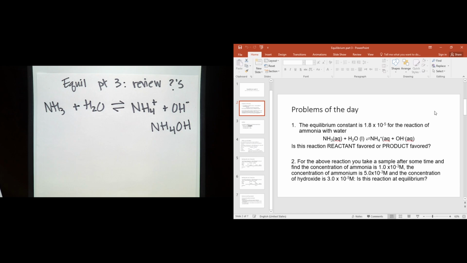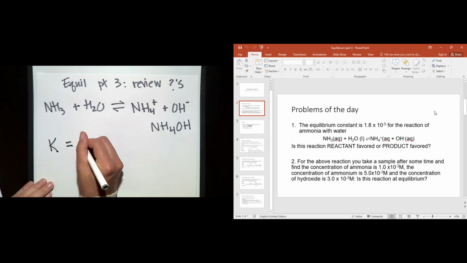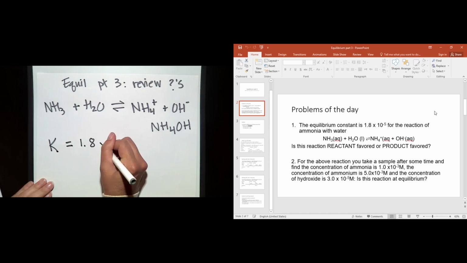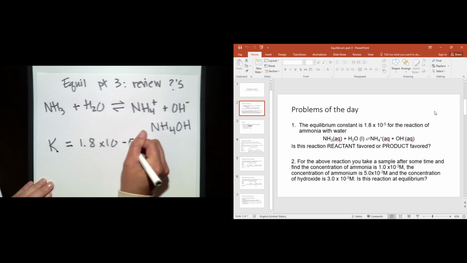Okay. What's really important here is the number. The equilibrium constant equals 1.8 times 10 to the negative 5. This is all the information I need to determine if something is reactant favored or product favored.